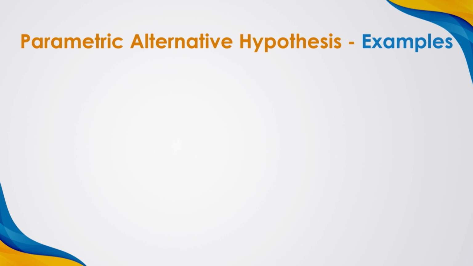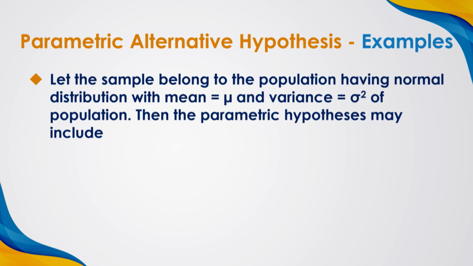Coming to the examples, let the sample belong to a population having normal distribution with mean mu and variance sigma square. The parametric alternative means a hypothesis consisting of a parameter, and alternative means it should be non-null. For instance, H1: mu less than mu 1.